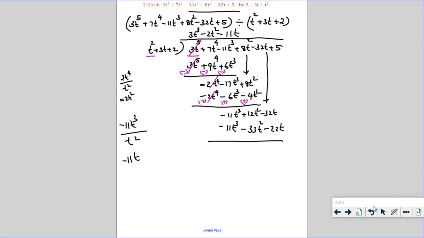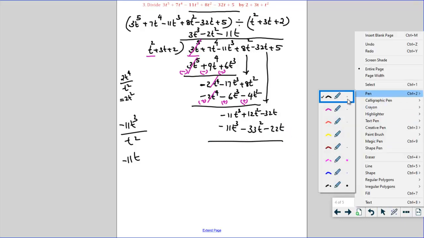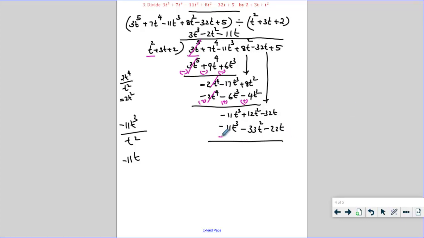Now you have to do the subtraction. For the subtraction, interchange the sign. Minus becomes plus, minus becomes plus, this also becomes plus. Now if you subtract, the first term we can cancel. We write t square, then plus 12 plus 33, we can add: 3 plus 2 is 5, 3 plus 1 is 4, so 45. The symbol is plus.